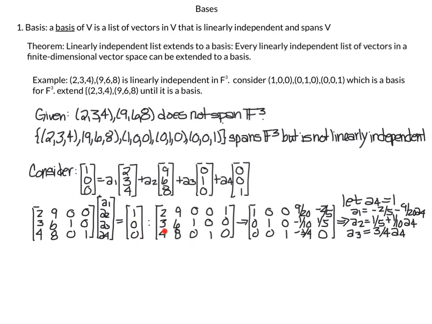I have my augmented matrix, again my coefficient matrix with my solution matrix. I row reduce to get the matrix with columns 1, 0, 0, 0, 1, 0, 0, 0, 1, 9 twentieths, minus 1 tenth, minus 3 fourths, and the last column minus 2 fifths, 1 fifth, and 0.